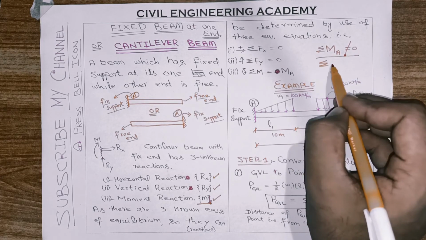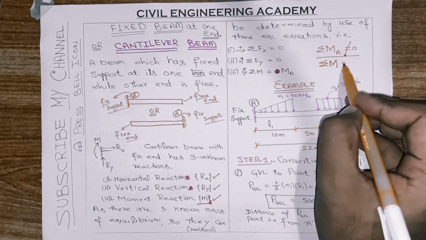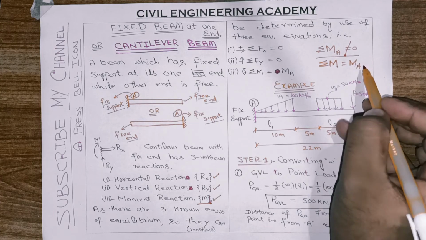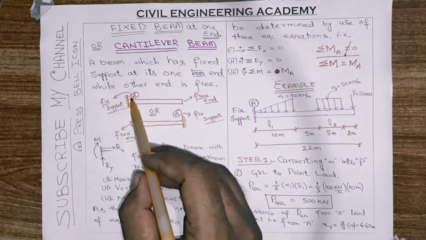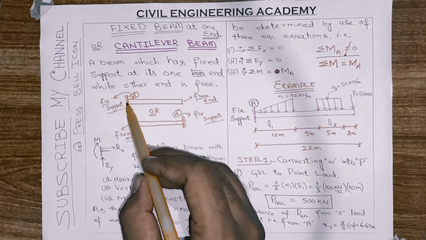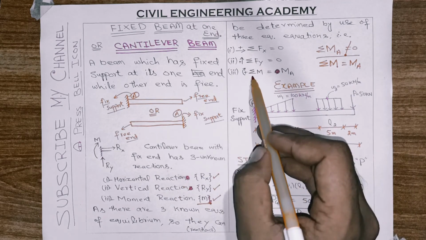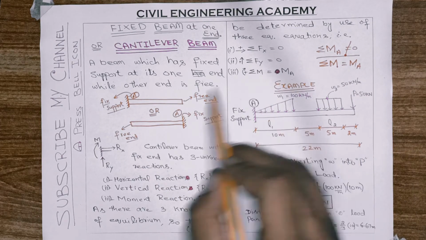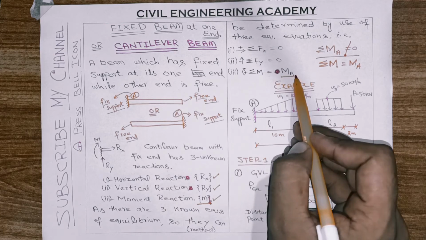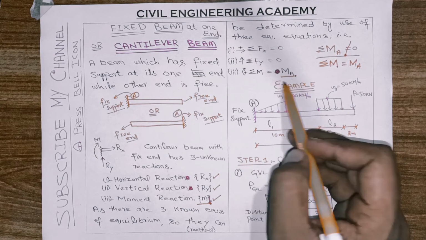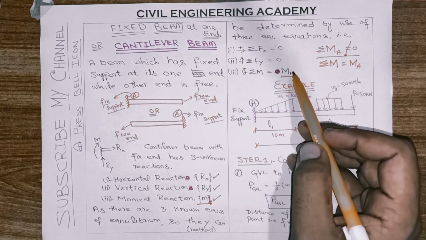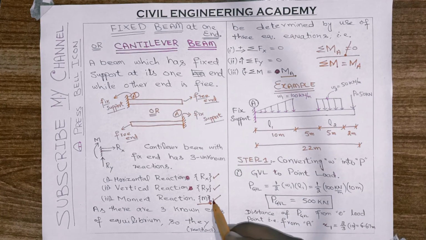Suppose we can say that summation of moments in this beam is equal to MA or MB or MC, whichever sign you assign to this fixed support. So summation of moments about this point will be equal to MA but not equal to 0, because a fixed support has three reactions and it also resists moment.